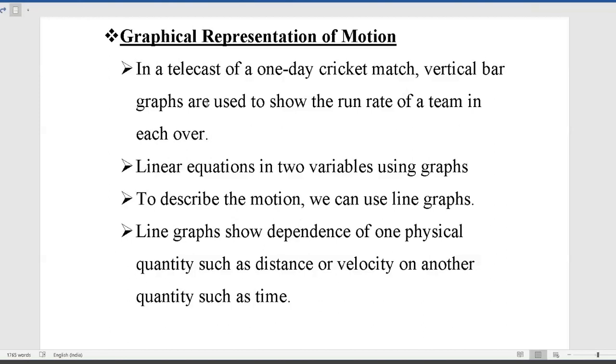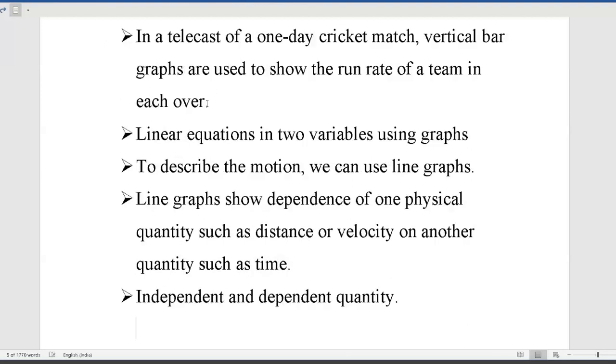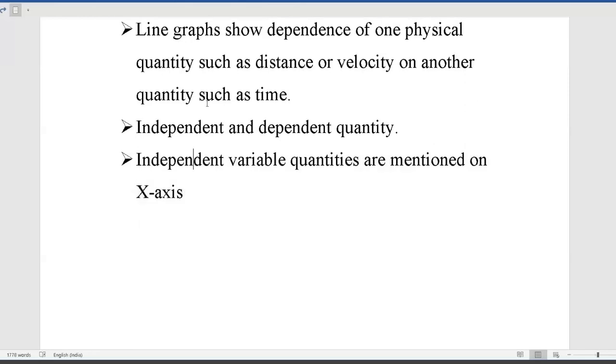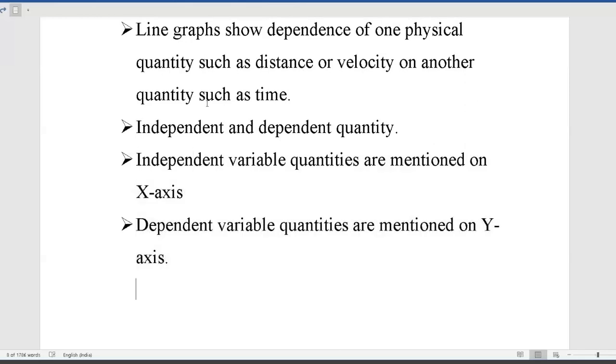So, how can we describe motion using graphs? Let's understand. See, there are two types of quantities. One is independent quantity and the other one is dependent quantity. On graphs, independent variables are mentioned on x-axis and dependent variable quantities are mentioned on y-axis.